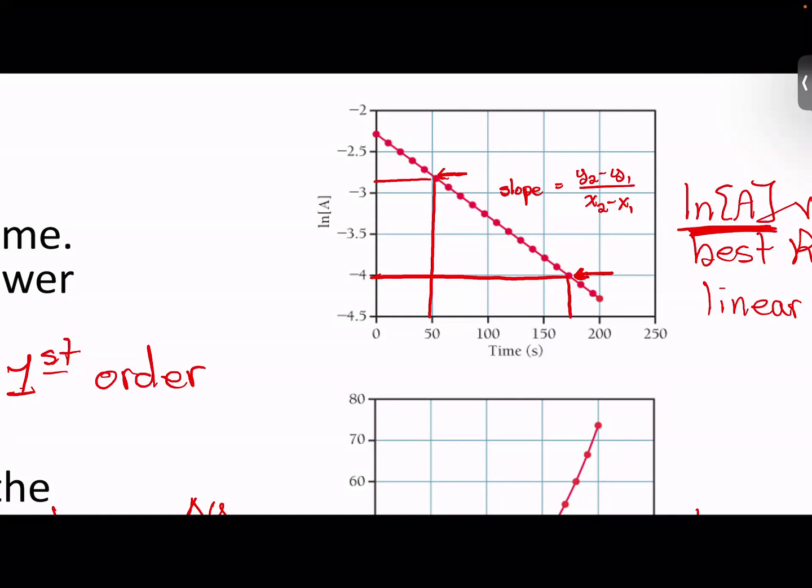Y2 is a negative 4 minus Y1, which is roughly a negative 3.2, over my x, which is going to be 175 minus 50.